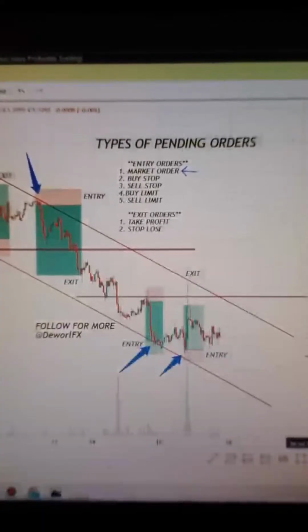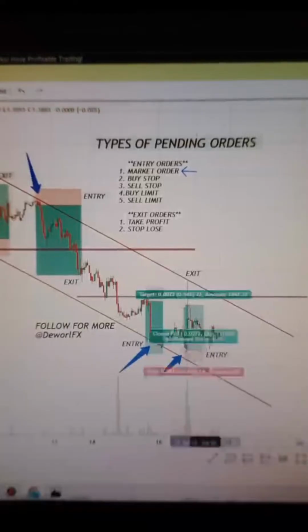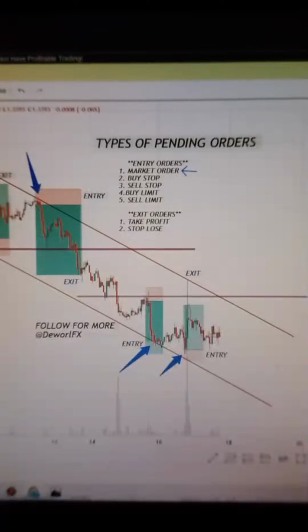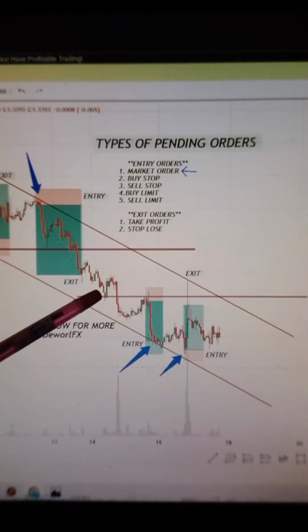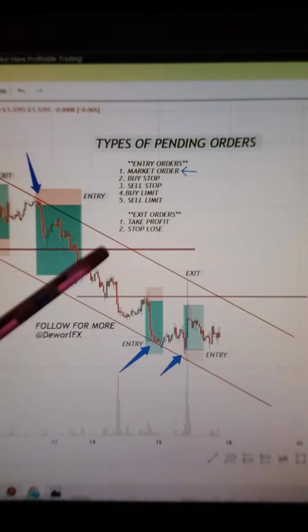For the market order, it means you want to take your trade based on, just like you can see here, let's say I want to take a trade from this point here. I want to enter the trade based on the market price I'm seeing at that time. I'm not waiting for the market to go up or down before I take the trade.